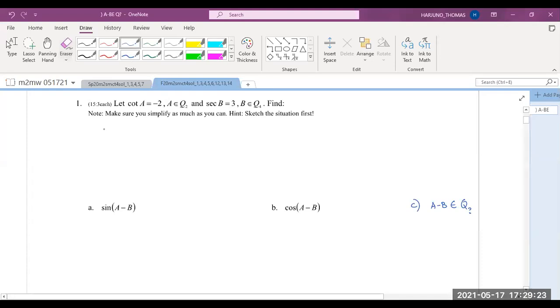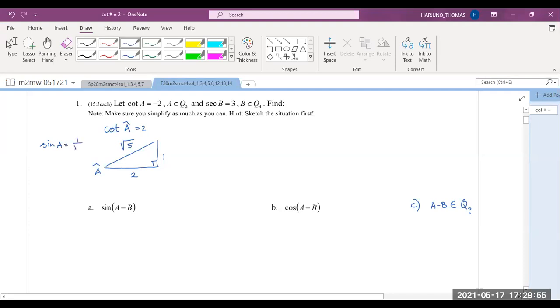Okay, let me start. So I go ahead with sine A. Sine A will be positive because it's in quadrant 2.